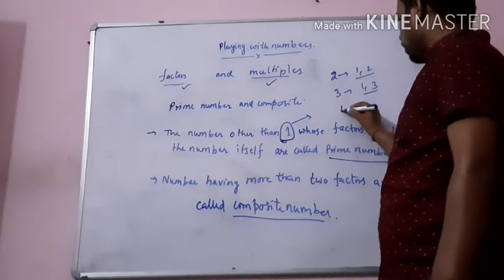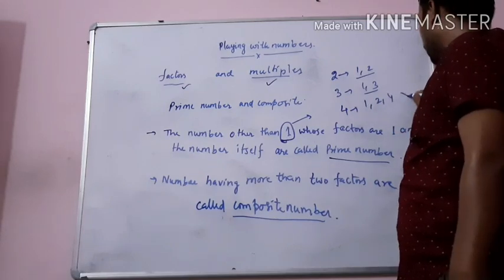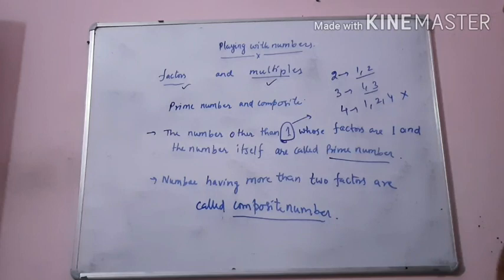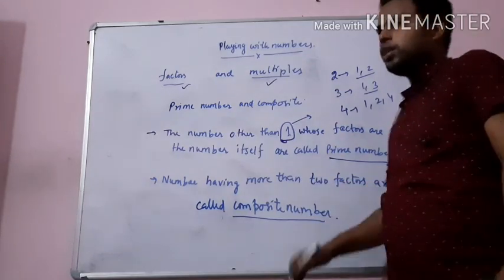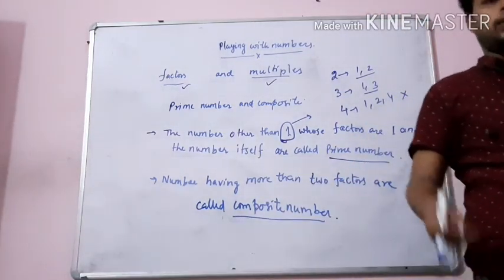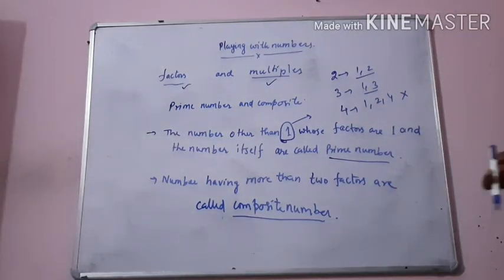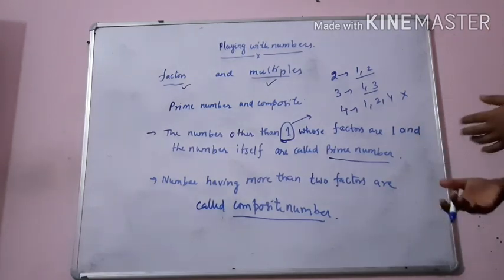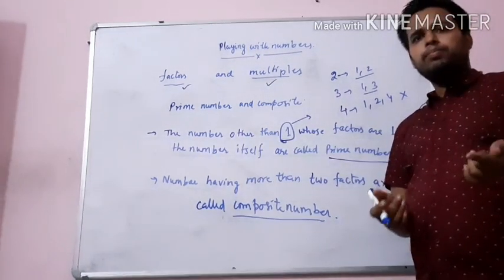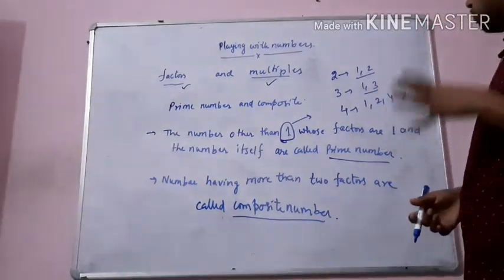But in the case of 4, it has factors 1, 2, 4. So 4 is not a prime number. So what will be 4? The number having more than 2 factors is called composite number. Any number which has more than 2 factors will come under the category of composite number. But those numbers which have factors 1 and the number itself will be prime numbers.